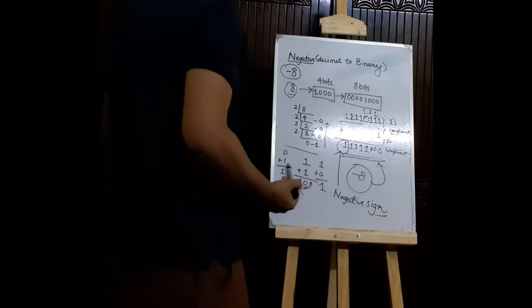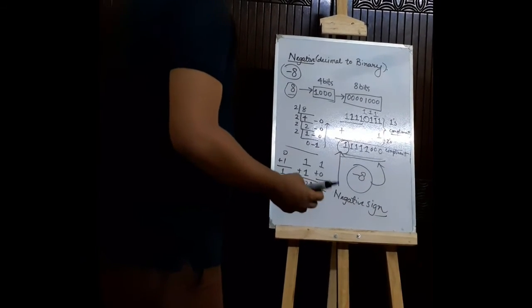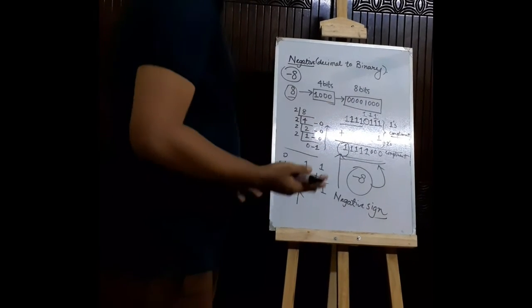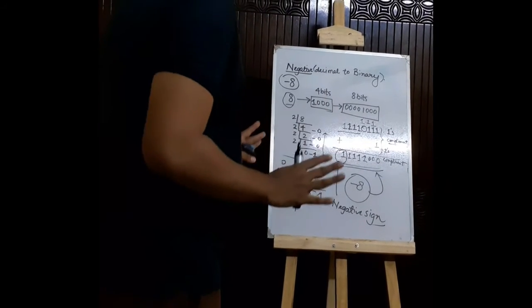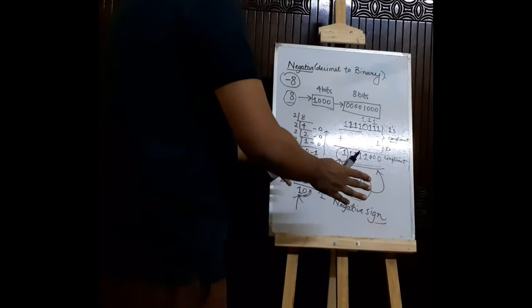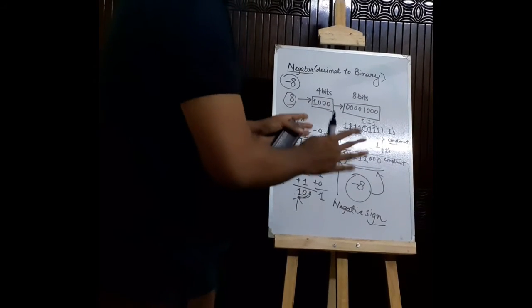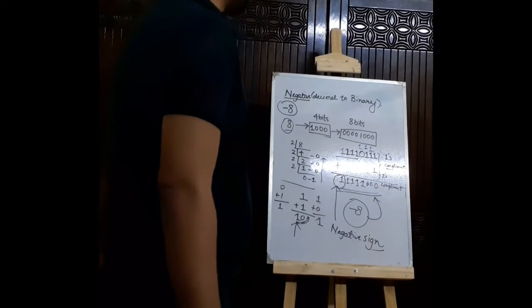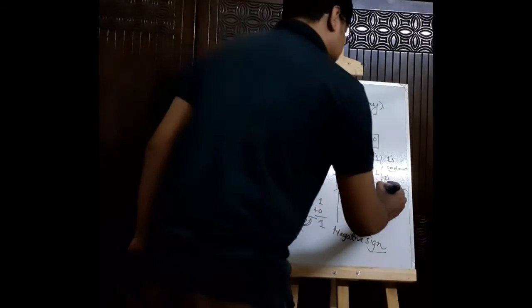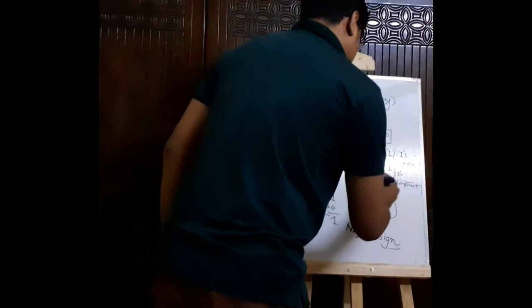So in this manner also we can verify that the procedure that we have done is correct, because we are getting a negative sign on the leftmost position of our answer. So this is the final answer to this question.